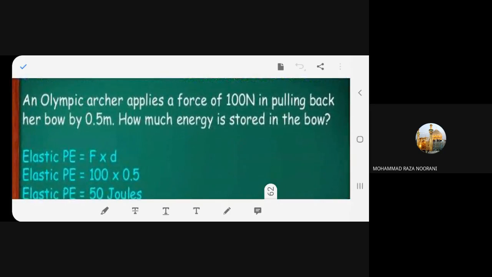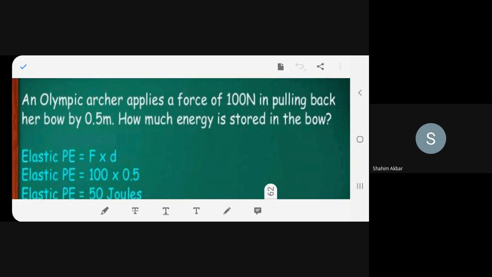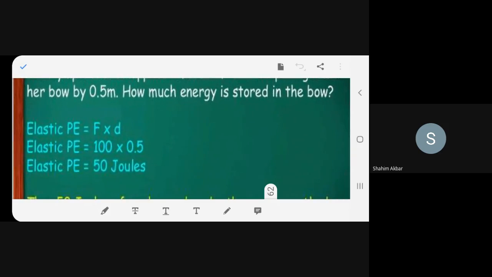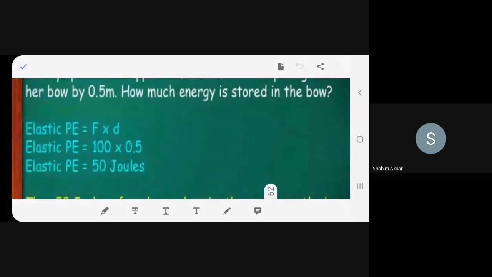Do you want a numerical now? Okay, read it. An Olympic archer applies a force of 100 Newton in pulling back her bow by 0.5 meter. How much energy is stored in the bow? Okay. Elastic potential energy is equal to F into d.